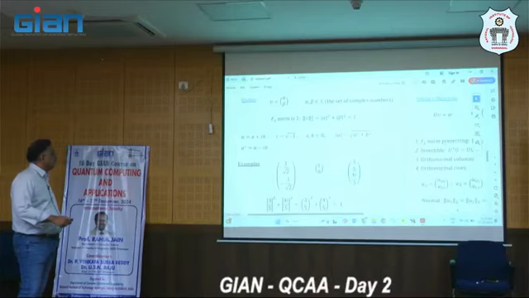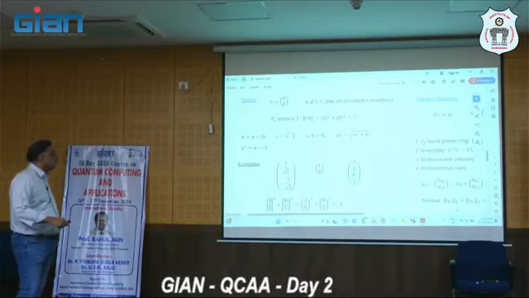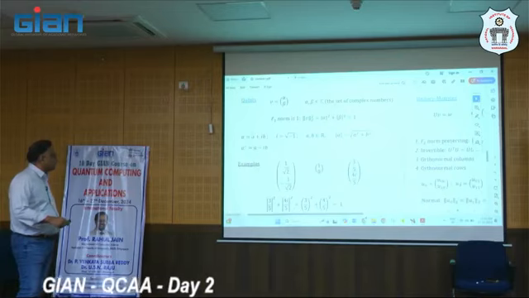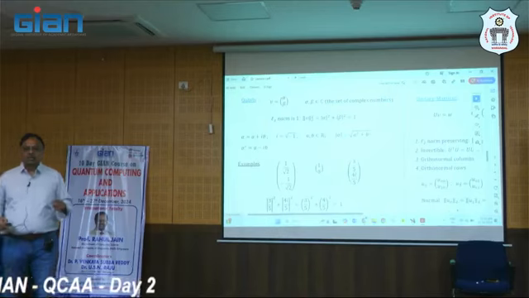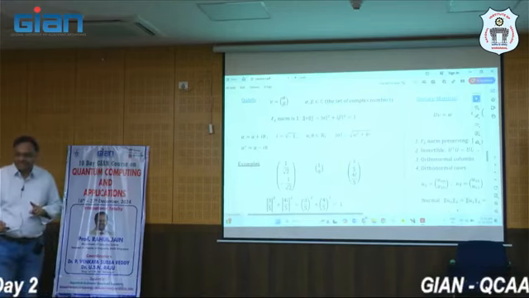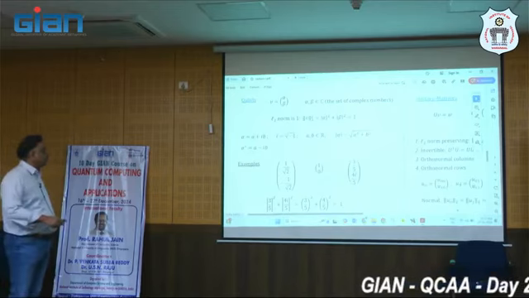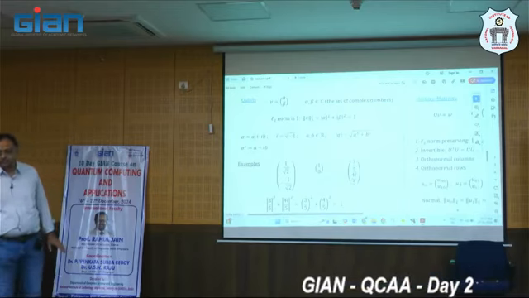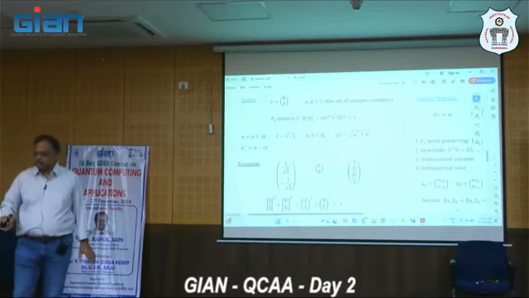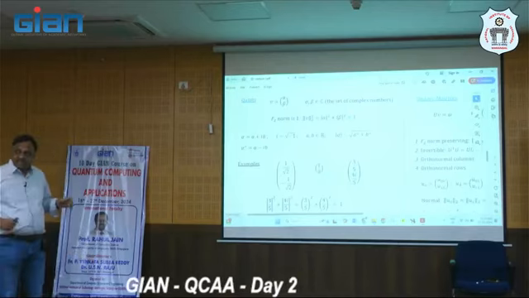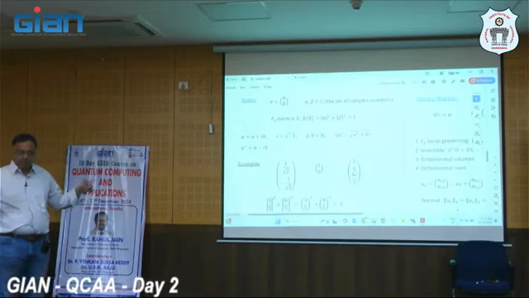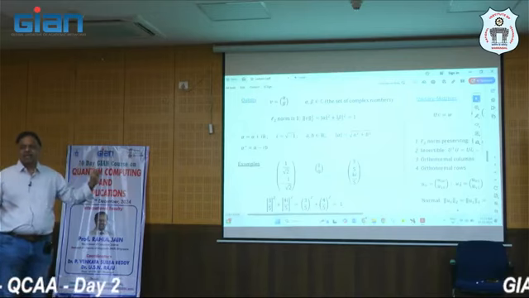So you have a, b in R. Mod alpha, what is mod alpha? If you have alpha which is a plus ib, then mod alpha is the square root of a square plus b square, since a and b are real numbers. So alpha is a complex number, but mod alpha is a non-negative real number.